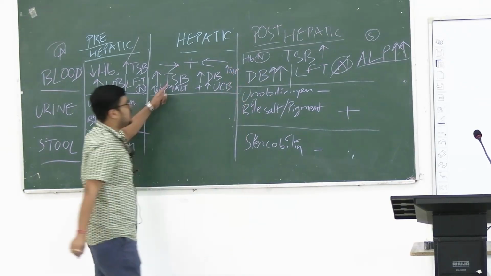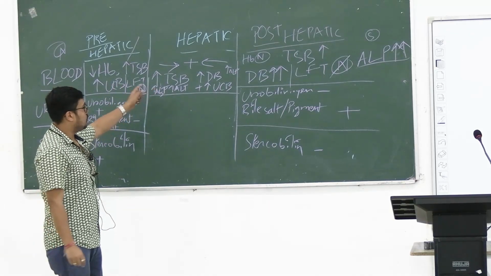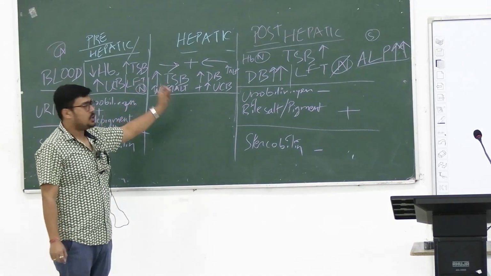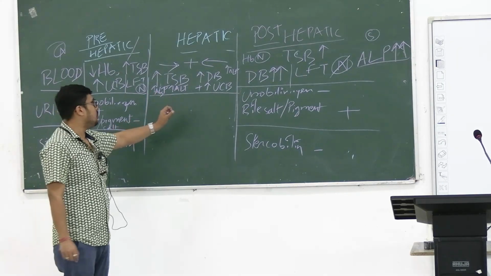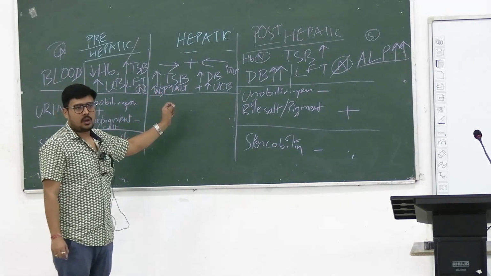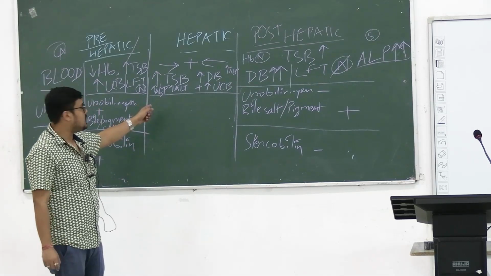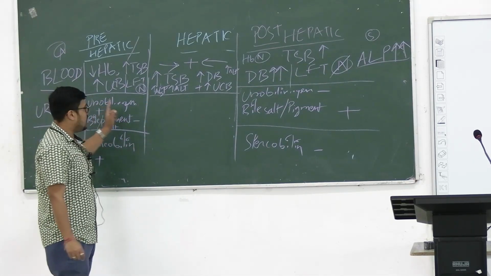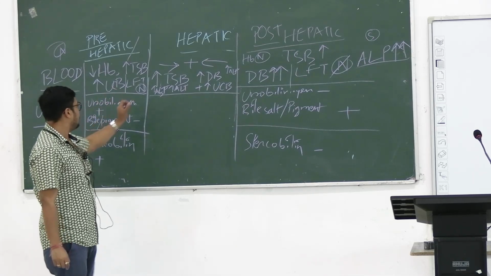So this is the mixture of both two extreme scenarios, both spectrum. Total serum bilirubin, major portion direct bilirubin, but also unconjugated bilirubin will be more. AST and ALT will be increased. Okay, this is the conditions of hepatic jaundice.